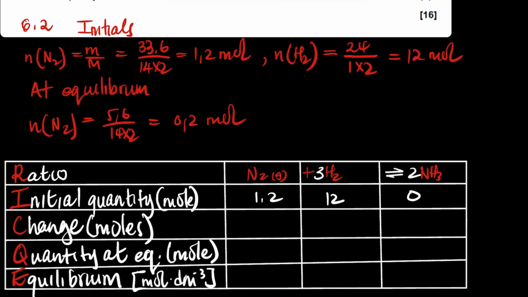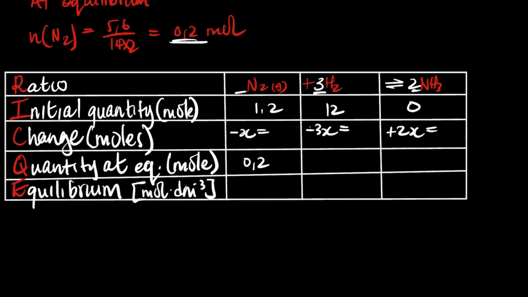Here we'll have minus x, and here minus 3x because it's 3 there, and then because it's 1. And here you have plus 2x because it's a product, right? And then we were told 5.6 of nitrogen was there at equilibrium. I've changed it to 0.2, right?